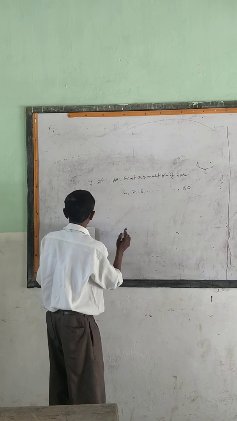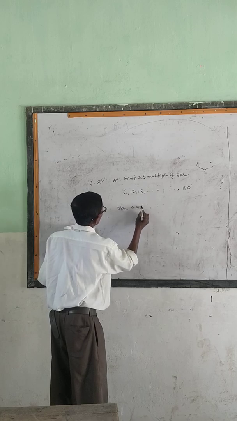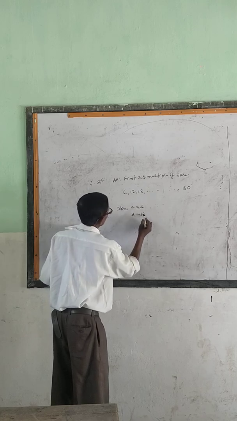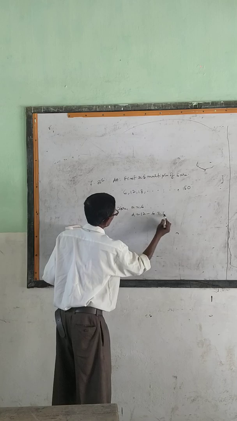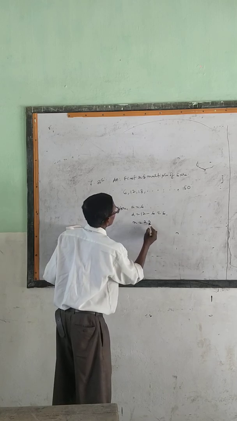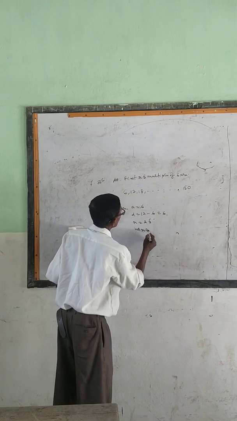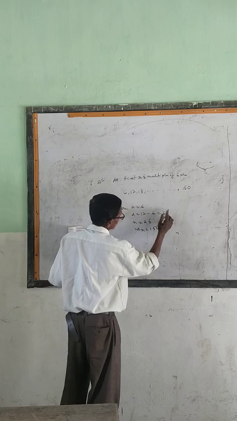So first one here, A equal to 6, d equal to 12 minus 6, equal to 6. n equal to how much? 25. Is An given, this is 150. No need to find out this.